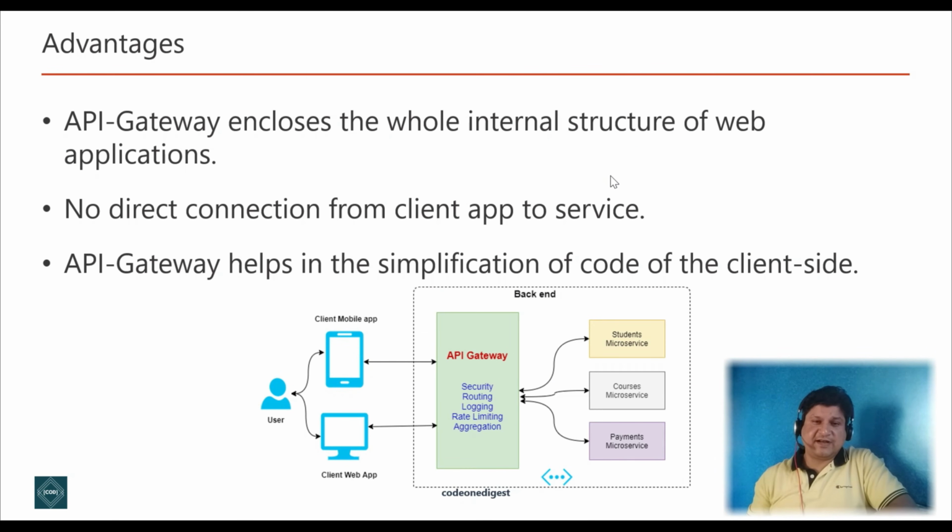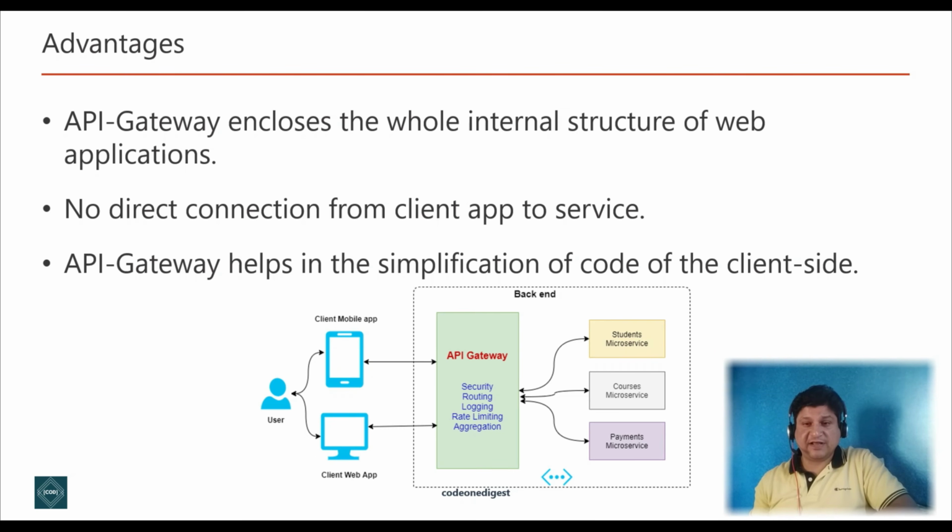Friends, now let's understand what are the advantages we get using the API gateway design pattern. It encloses the whole internal structure of web application and it isolates it from rest of the world. It never calls a particular service, for example, client interaction with API gateway. Client never interacts or calls the service directly. It has to go via API gateway.